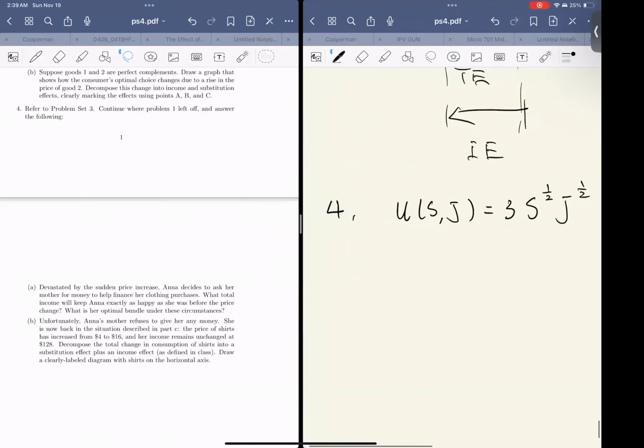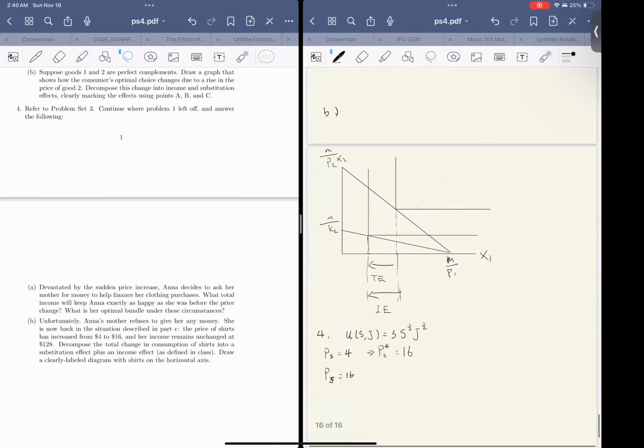And we have the price of 1 equal to 16.4, and a change of the price of shirt to 16.